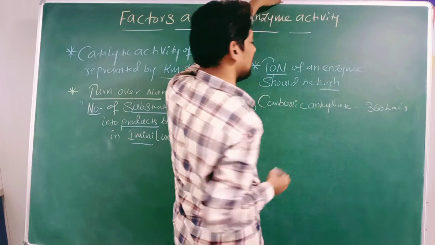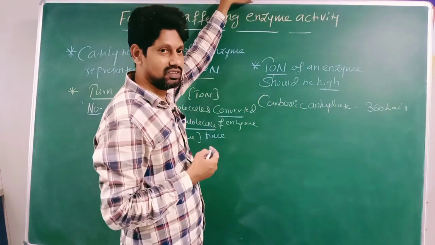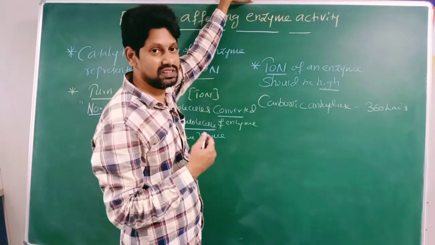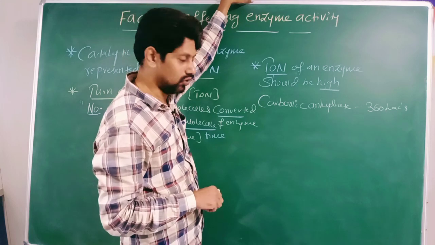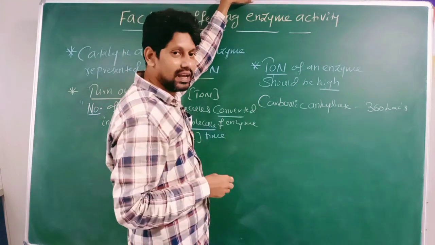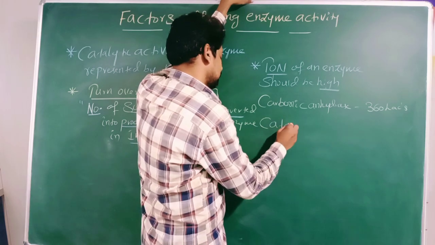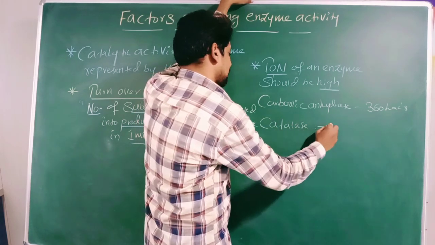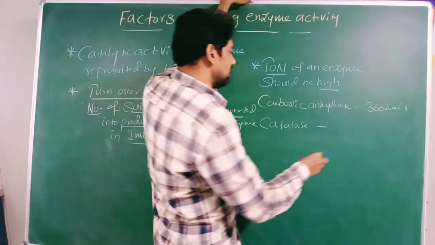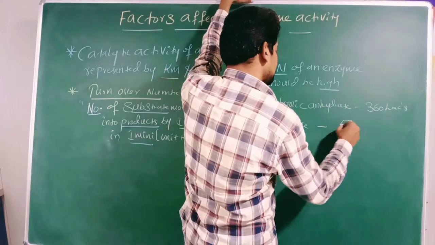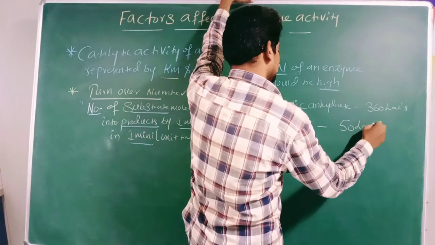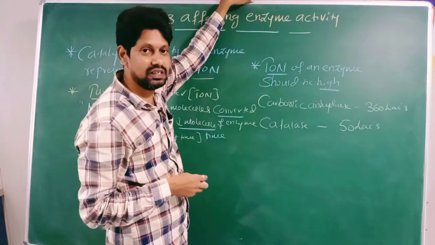How much, sir? It is 360 lakhs. Okay, right? Whereas if you take catalase, what is the enzyme name? Catalase. Its turnover number is 50 lakhs. What is its turnover number, sir? 50 lakhs.